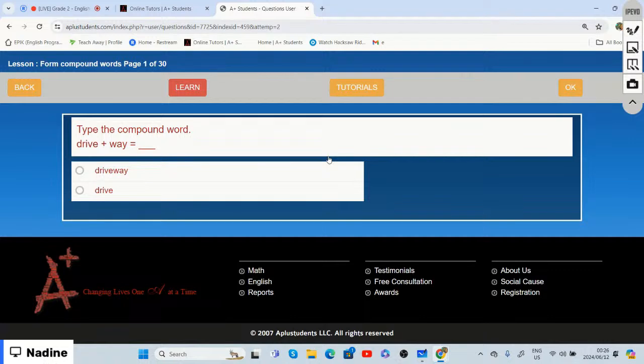Drive plus way. Is it option one, which is driveway, or is it option two, which is drive? Drive plus way, is it option one, drive, or is it driveway?